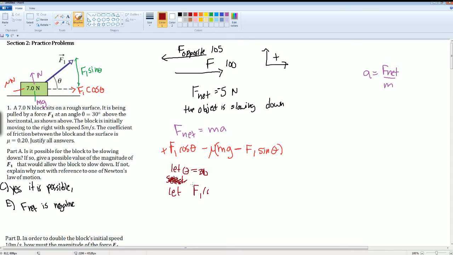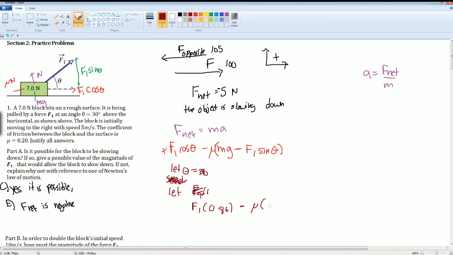This is ugly. So it's F1 times a weird 0.86, minus mu times mg.